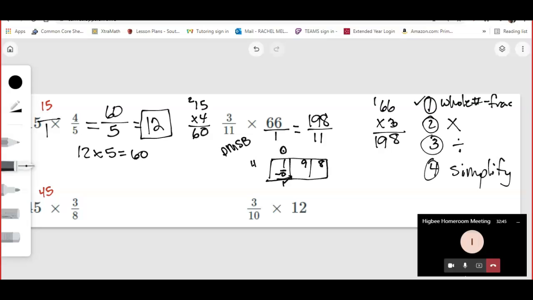Now my 1 is going to go over here with the 9. Now that I have 19, do I have enough to make a group of 11? Yes, how many groups? 1 group. Okay, because 1 times 11 is what?